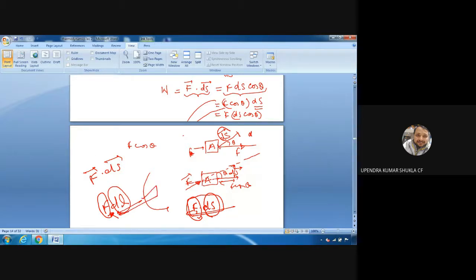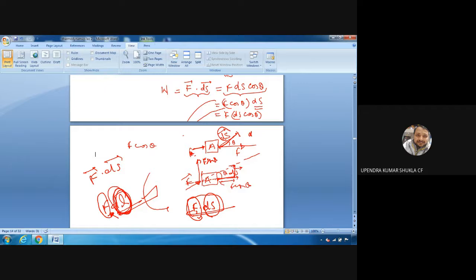Now the stress is on the term in the direction of displacement, meaning the force perpendicular to the displacement does no work. Suppose this force is acting at an angle: in the direction of displacement there is F cos theta and perpendicular to that F sin theta.